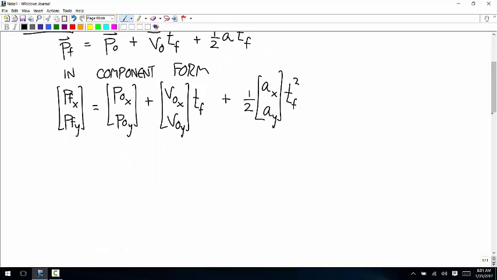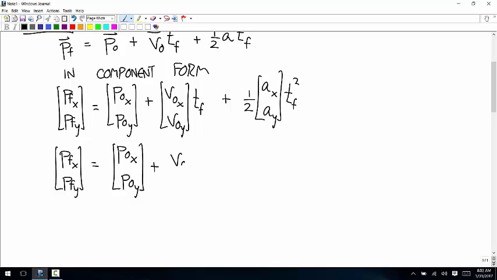And using the rules of vector math, I can rewrite this as PFX, PFY is equal to P0X, P0Y plus V0X times TF, V0Y times TF. Because when you multiply a vector by a scalar, you just multiply the scalar to each component.